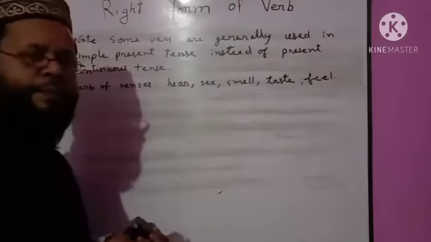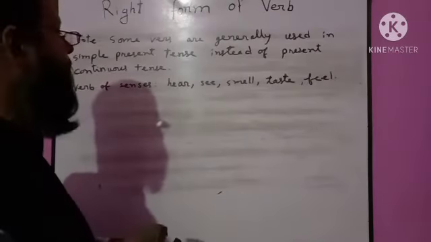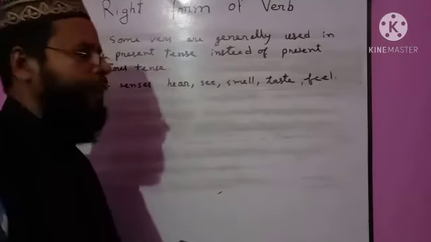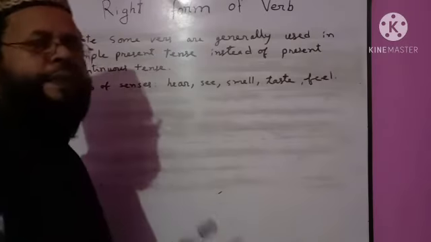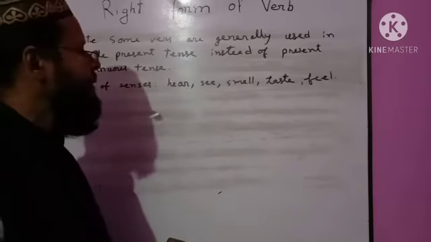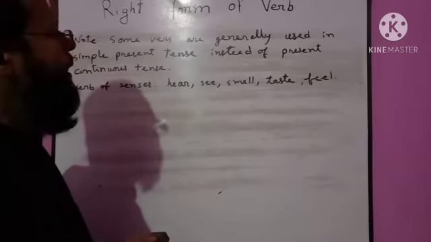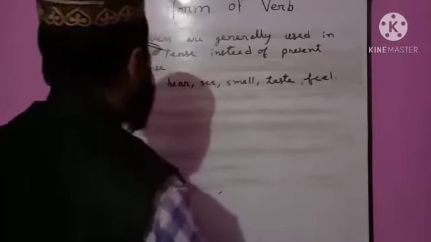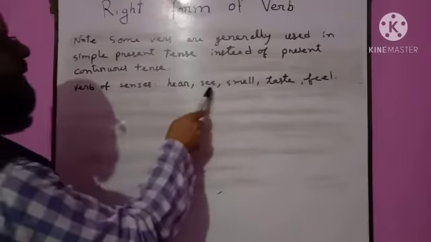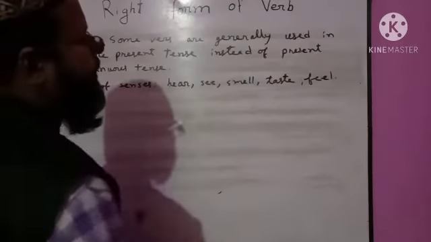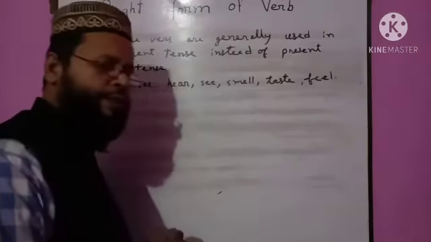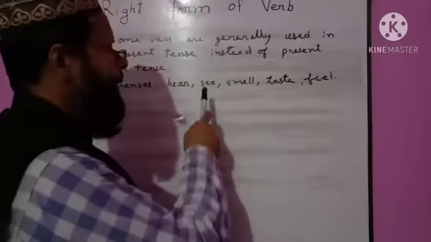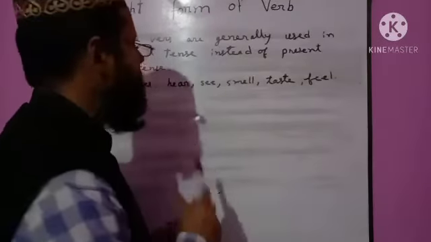We know there are five senses, and the verbs of senses are generally used in simple present tense instead of present continuous tense. See, hear, smell, taste, feel. These verbs are not used in present continuous tense, and we should use these verbs in simple present tense.